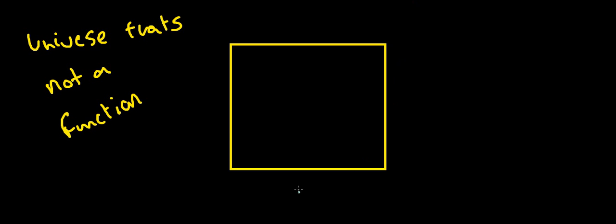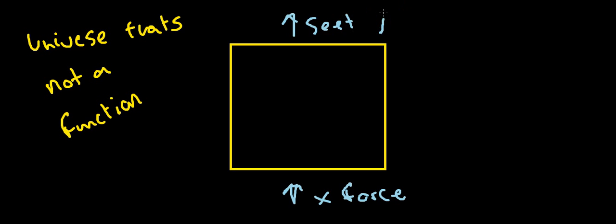In this universe that's not a function, if I push with X force, I might get 5 feet, but I also get 10 feet. So I get two answers. I push X force and it goes 5 feet and 10 feet at the same time.